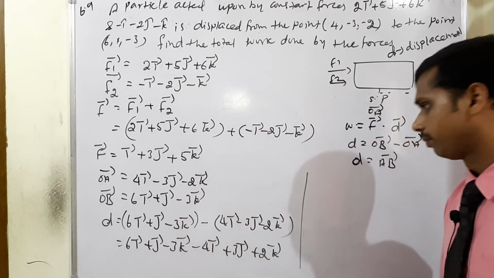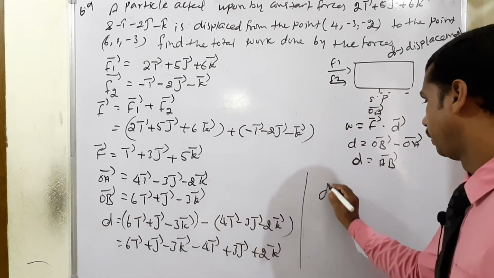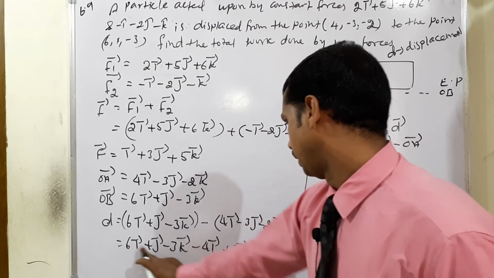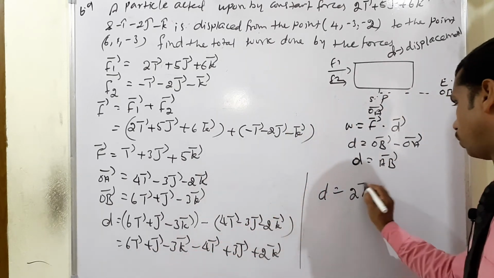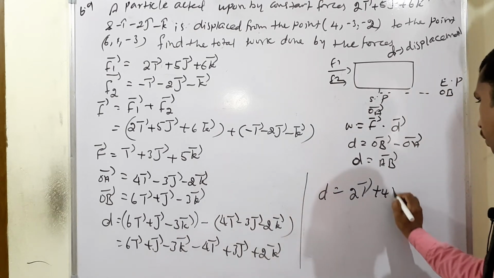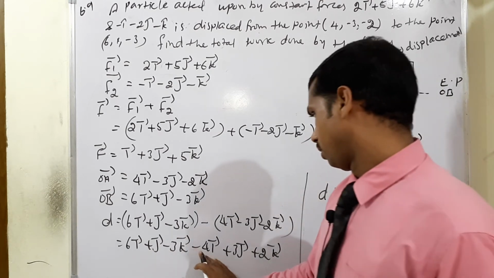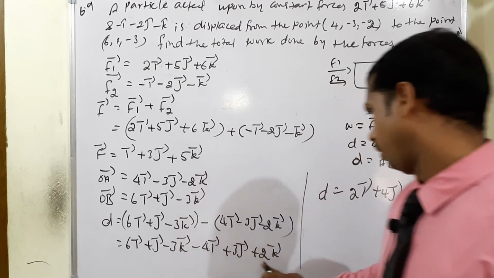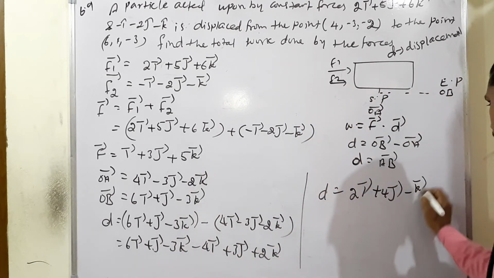What is the answer? Displacement D is equal to 6i minus 4, so 2i vector, plus j plus 3, so 4j vector, minus 3 plus 2, so minus k vector.